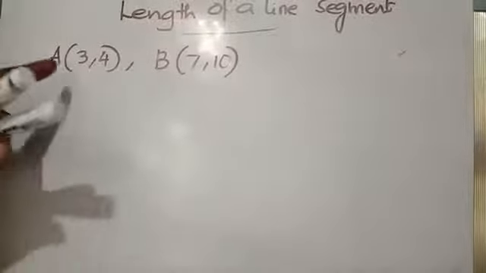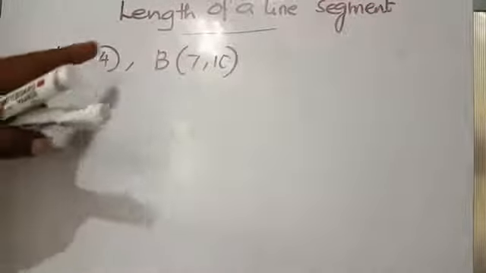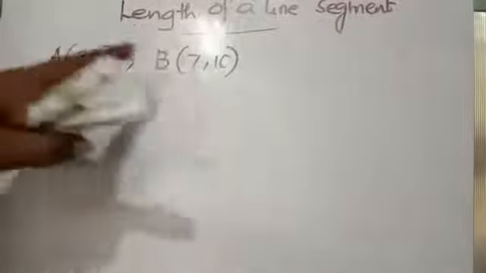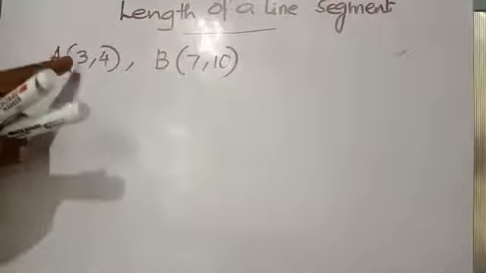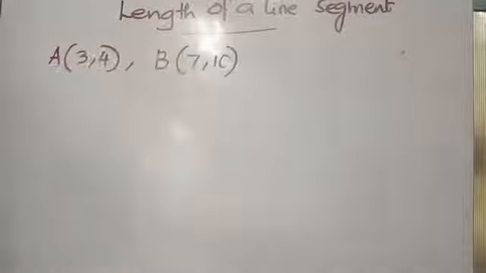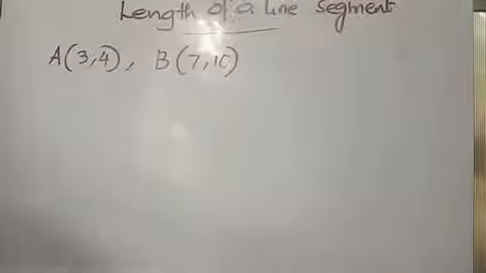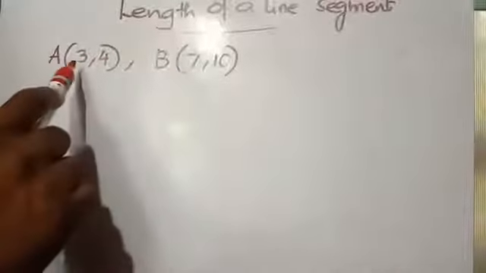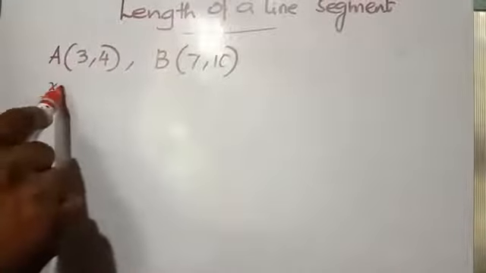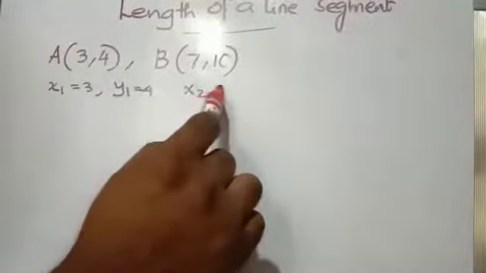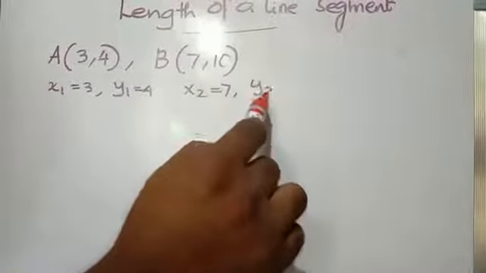Suppose you want to find the length of this line segment with A (3, 4) and B (7, 10). These are the two end points. One point is A (3, 4) and the other one is B (7, 10). So when you consider these points, here x1 is 3, y1 is 4. Similarly, x2 is 7 and y2 is 10.